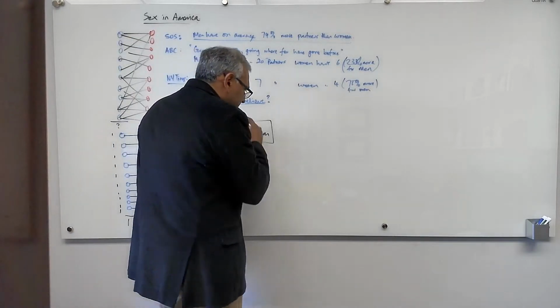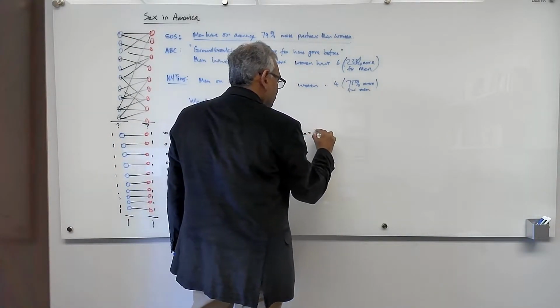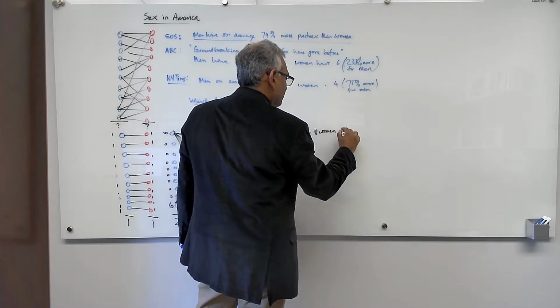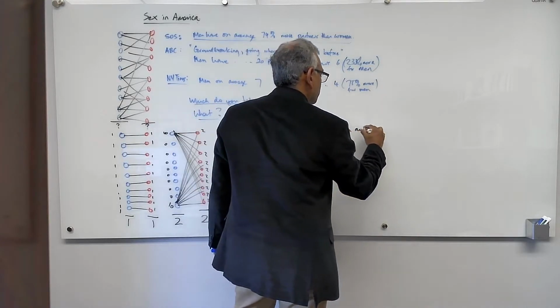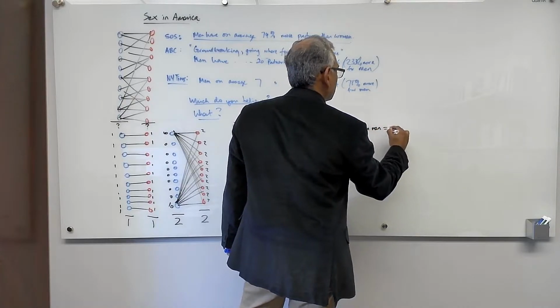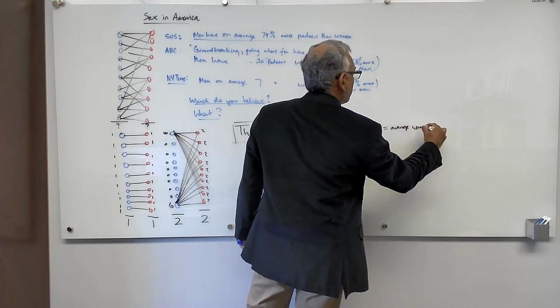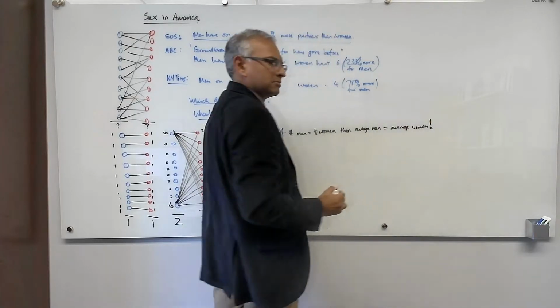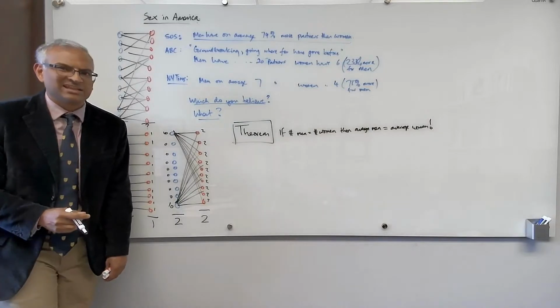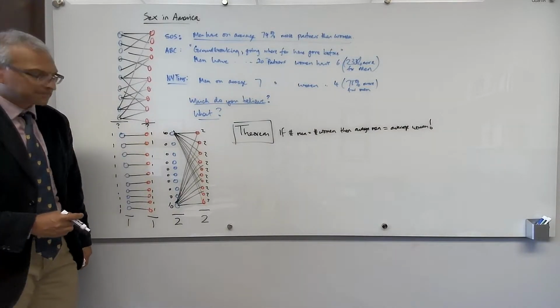Theorem: if the number of men equals the number of women, then the average for men is equal to the average for women. Period. Or exclamation point. And there's nothing else we can do. Okay, that's a theorem. So let's prove it.